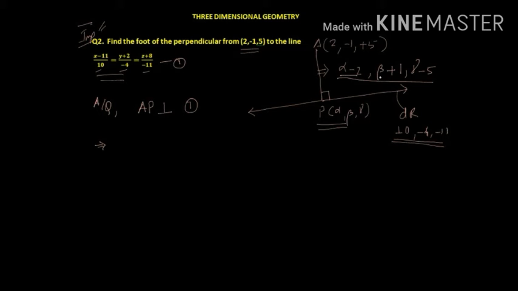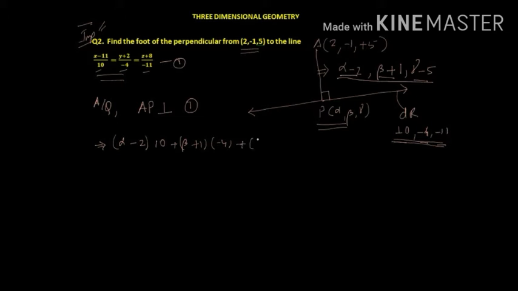So suppose this is A1, B1, C1 and this is A2, B2, C2. If these are perpendicular, then A1 A2 plus B1 B2 plus C1 C2 must be equal to 0. Am I clear enough to understand this so far? I hope there is no doubt right at this moment.